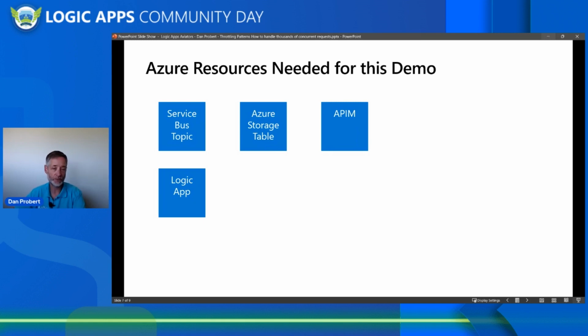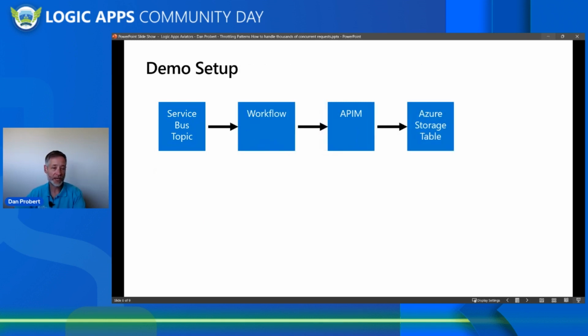And then I've got a Logic App with a workflow in it. So what will happen is our workflow will subscribe to the Service Bus topic, and we're using split on, so we'll get a separate workflow instance for every message. And each of those workflow instances will call APIM, and that APIM call will write to the storage table inside the policy.